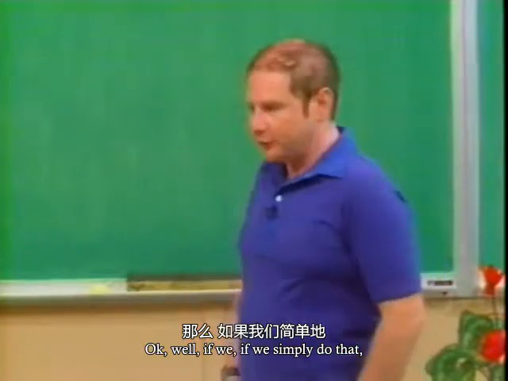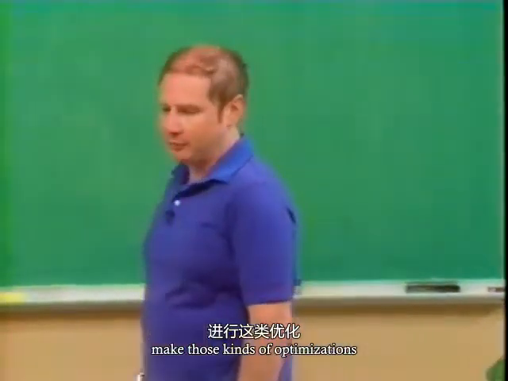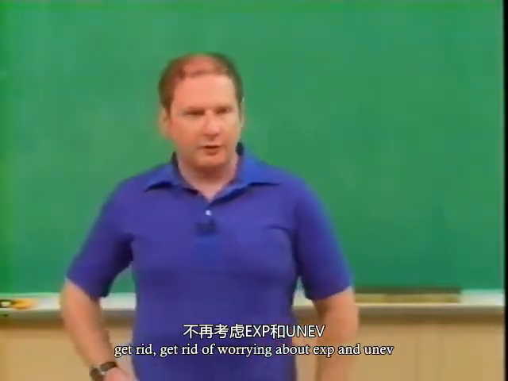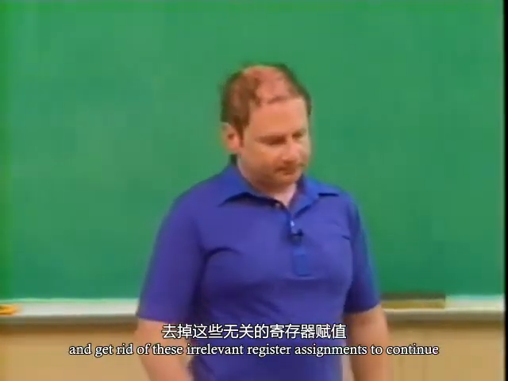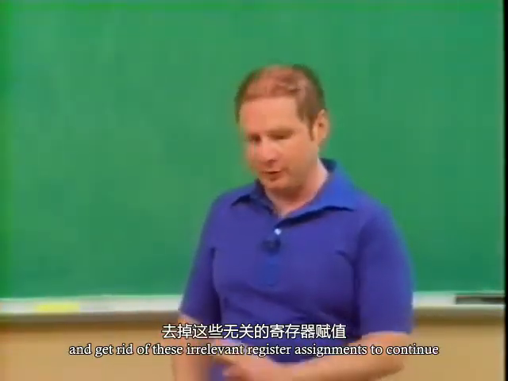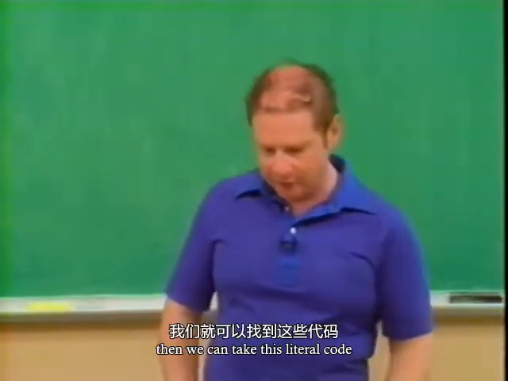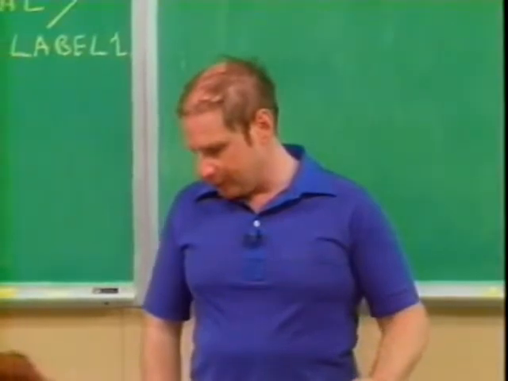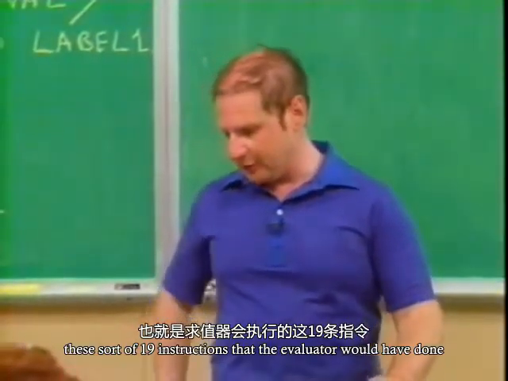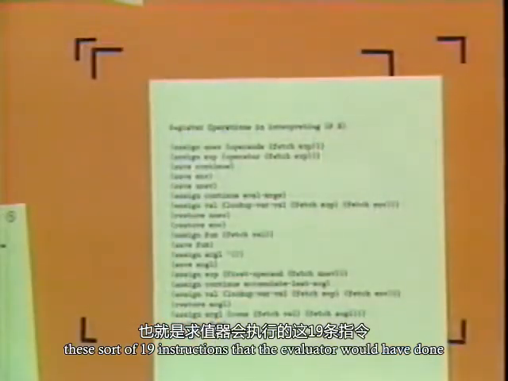Okay, well, if we simply do that, make those kinds of optimizations, get rid of worrying about exp and unev, and get rid of these irrelevant register assignments to continue, then we can take this literal code, these sort of 19 instructions that the evaluator would have done, and then replace them. Let's look at the slide.